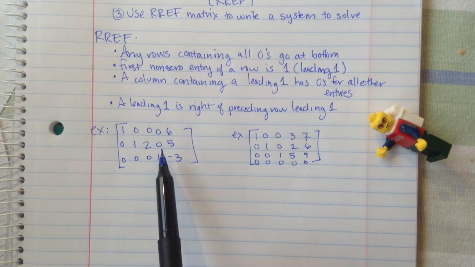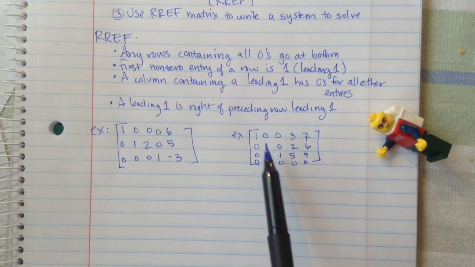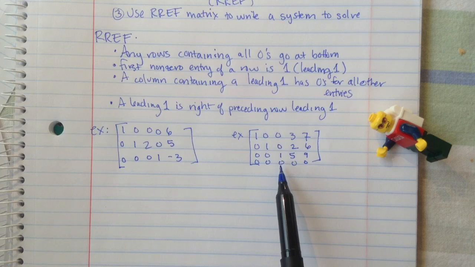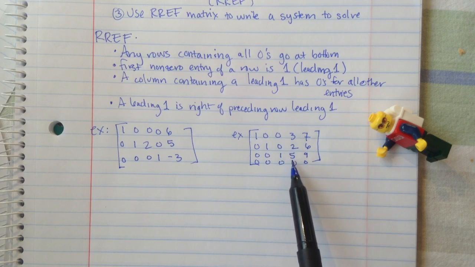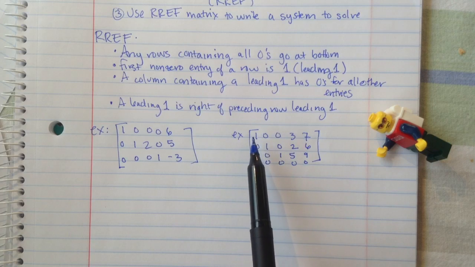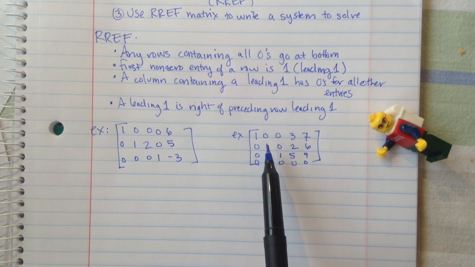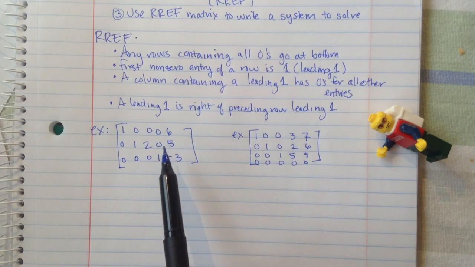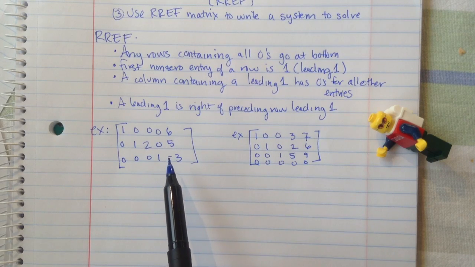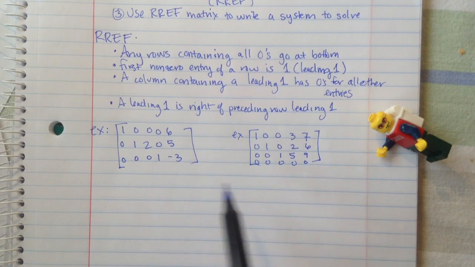Same thing here. These don't all have to be zeros because they're not leading ones in these rows. And our leading ones are always to the right of any preceding one. So this one has to be to the right of that one, and this one has to be to the right of that one. And that just makes a nice form.